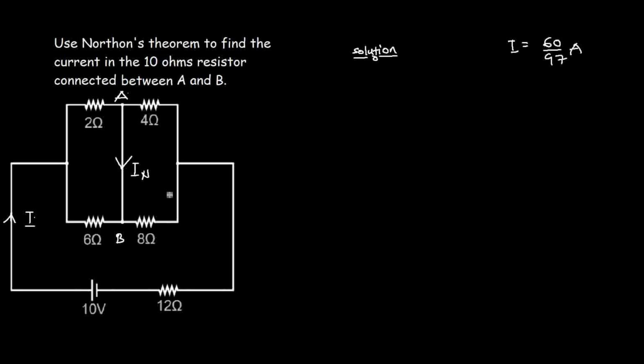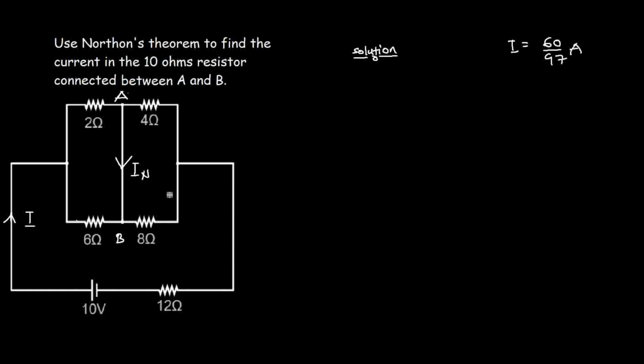First of all, you know that the current flowing from the power source is 60 on 97 amperes. So we can use this value to calculate the current across this 2 ohms resistor, and in the same way you can use it to calculate the current across this 6 ohms resistor. Then you are going to use these two values to calculate IN. So let's look at this.